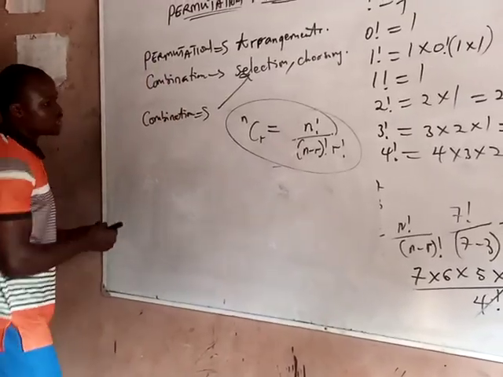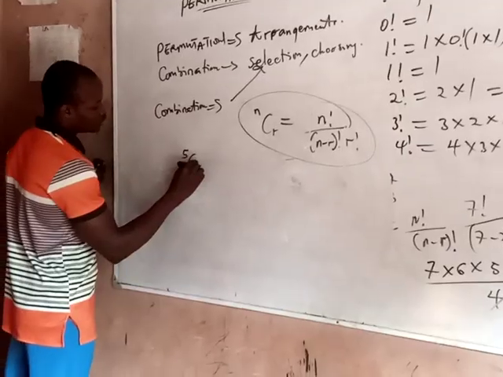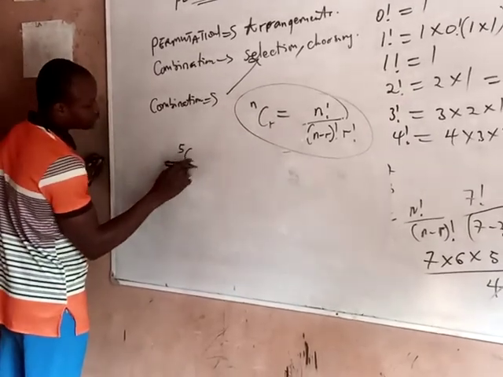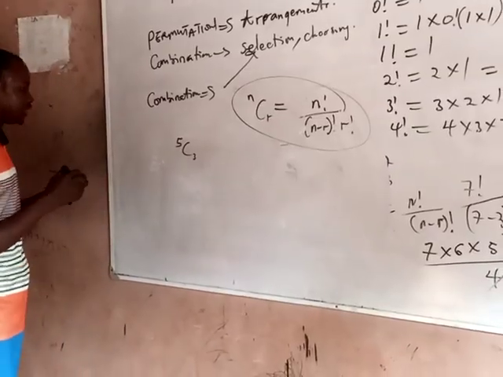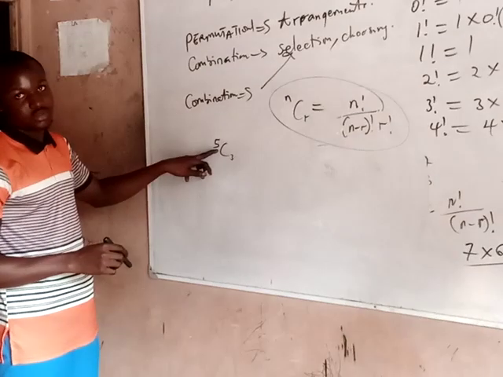For example, as a case study, we have 5 combination 3. It means you are selecting 3 from 5. Is that clear?